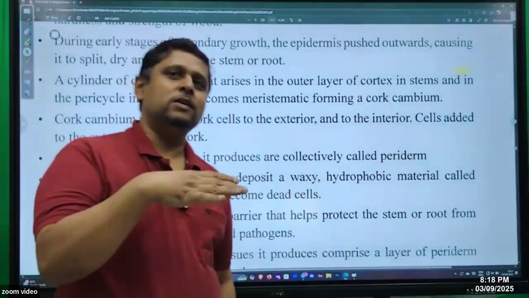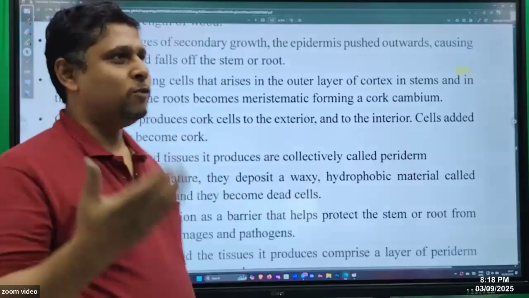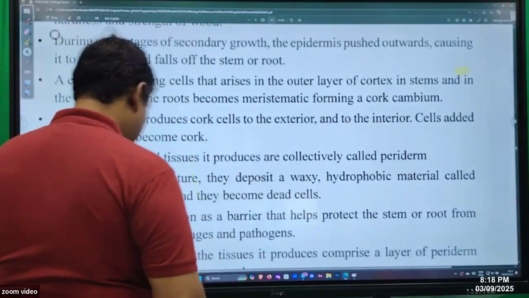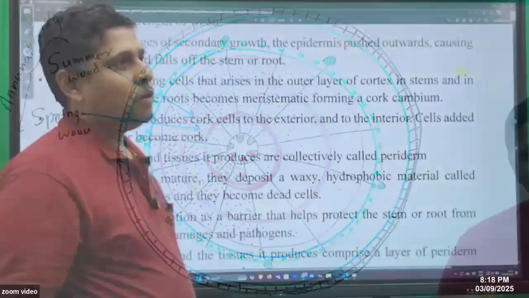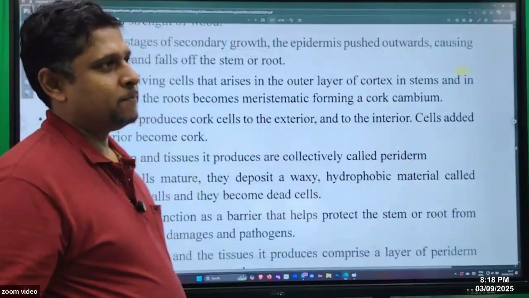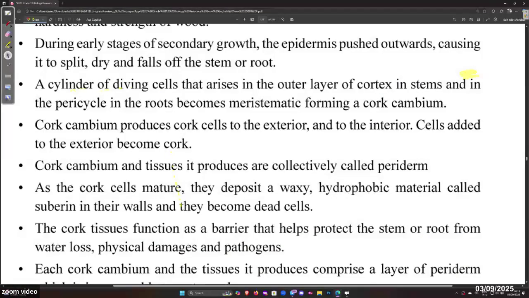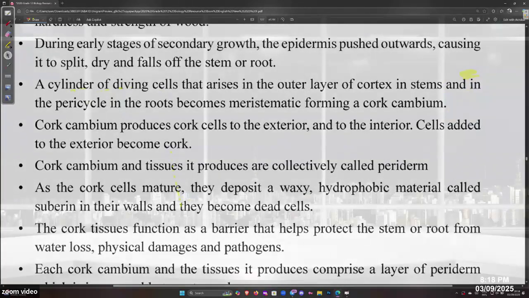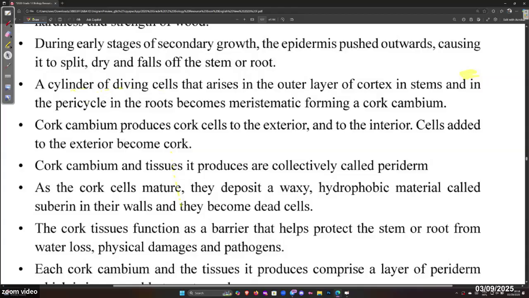So, this story is simple. How the tissues are formed is described here. So, cork cambium is produced. Look at this.